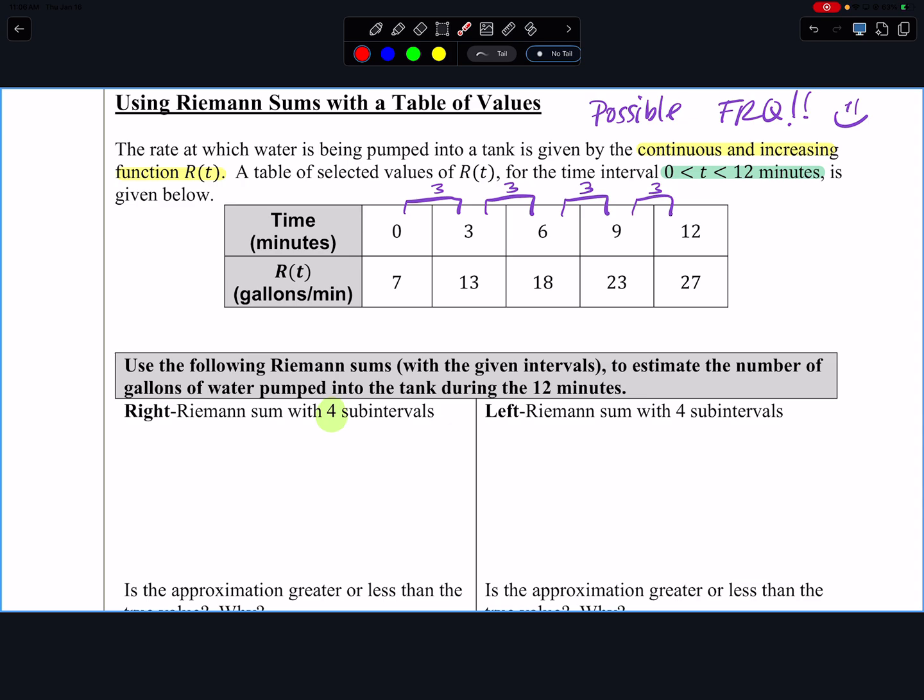Let me say this again. If this is my first rectangle, from 0 to 3, you guys agree that's 3. If I'm doing a right Riemann sum, do you guys agree that the right value is the 13? That would be the height. For this rectangle, from 3 to 6, this is the right number, so that would be my height. From 6 to 9, this would be my height. From 9 to 12, this would be my height, because those are the right values for each of those.